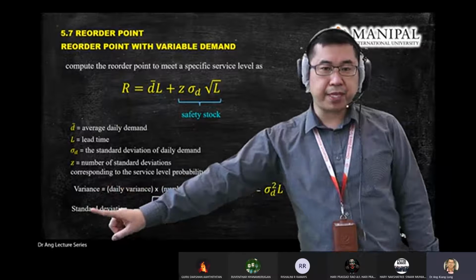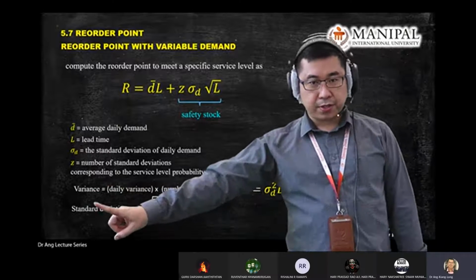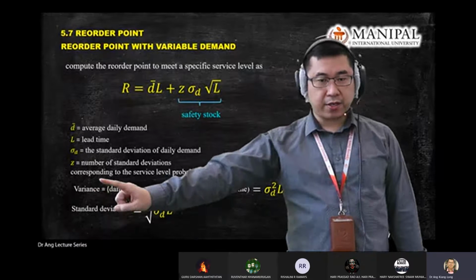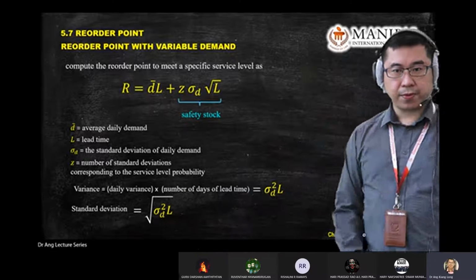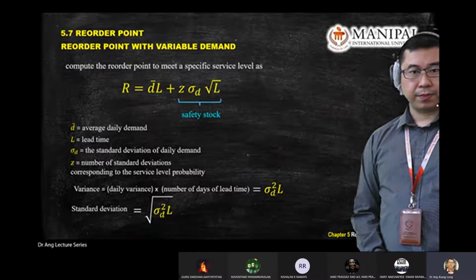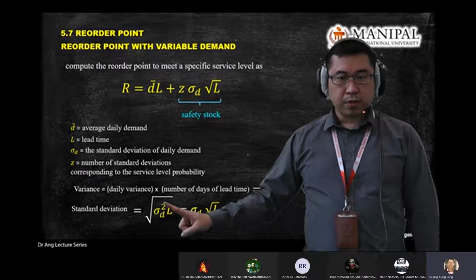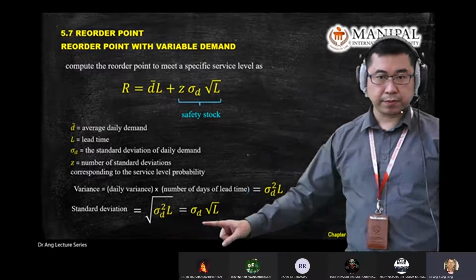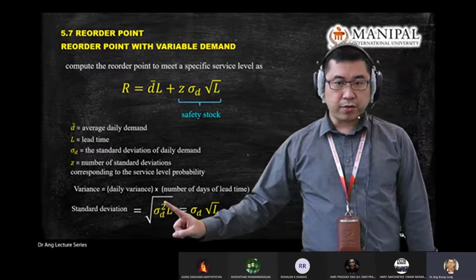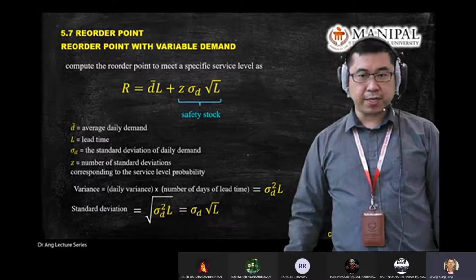These two are mathematical terms that you learn in your Math 2 or advanced calculus when you calculate your statistic data, variance and standard variance. All right, square root of sigma square L. Square root of sigma square, you get back the sigma.